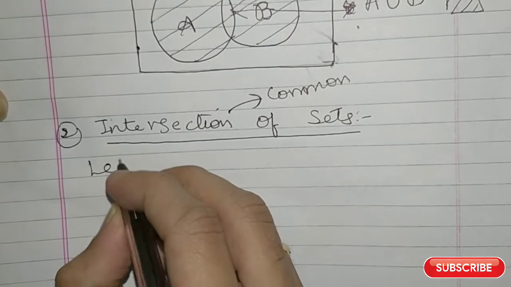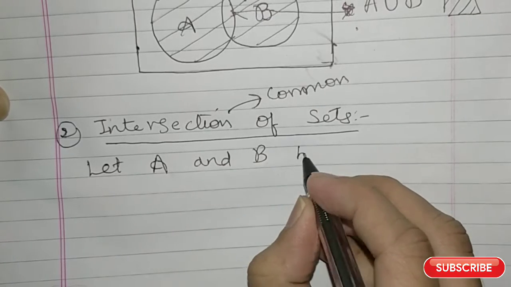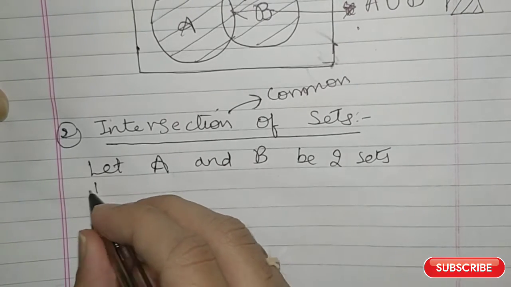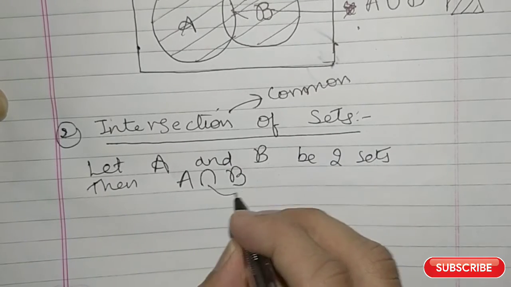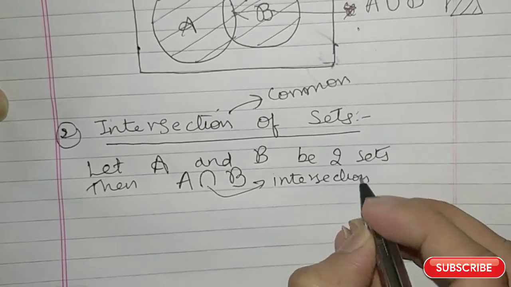So now let A and B be two sets, then A intersection B, so this symbol means intersection.